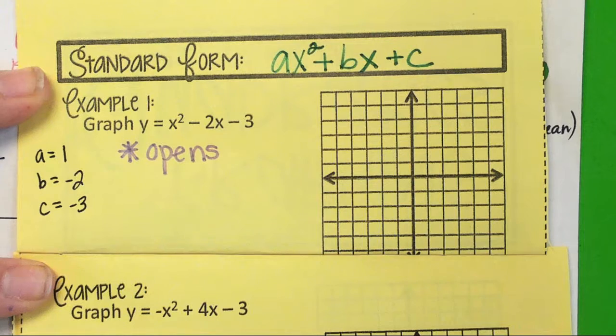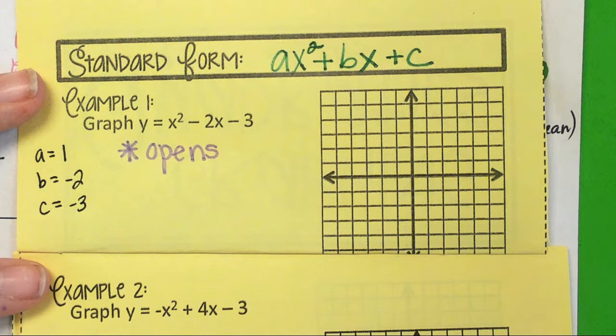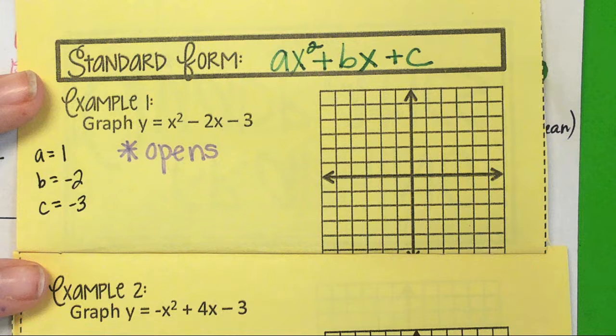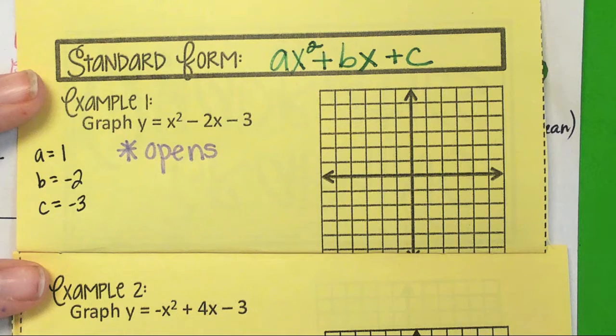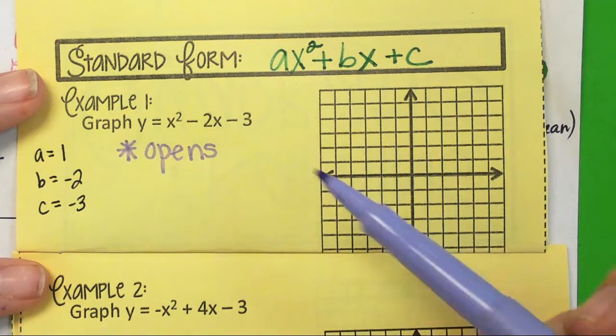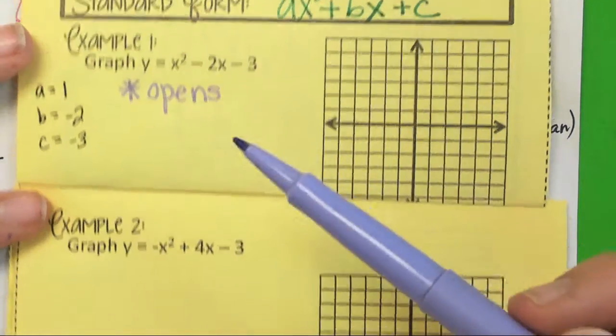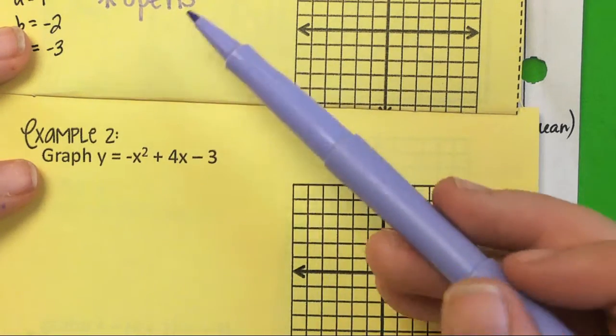Is it going to be a happy face or is it going to be a sad face? How do you know if it's happy or sad? Negative where? Where it crosses the line. How do you know opens up, opens down?